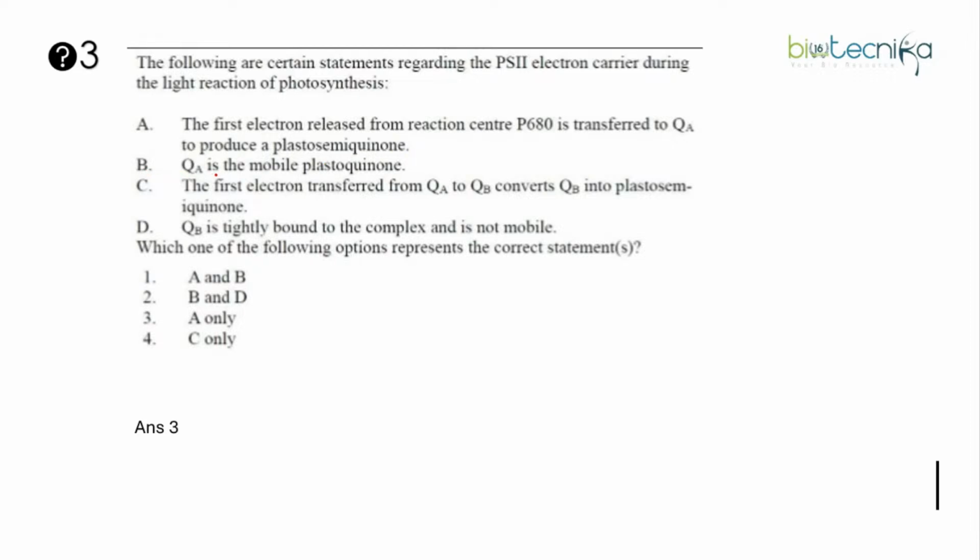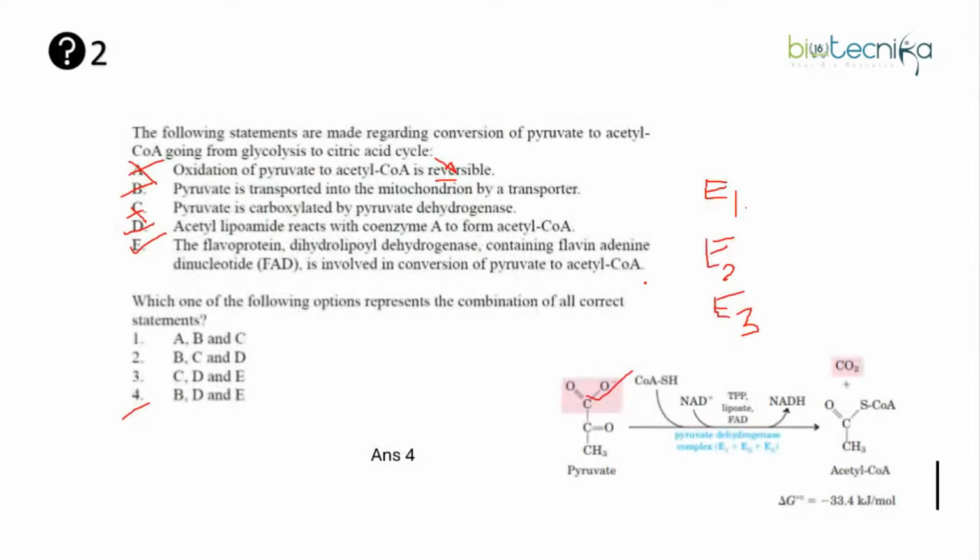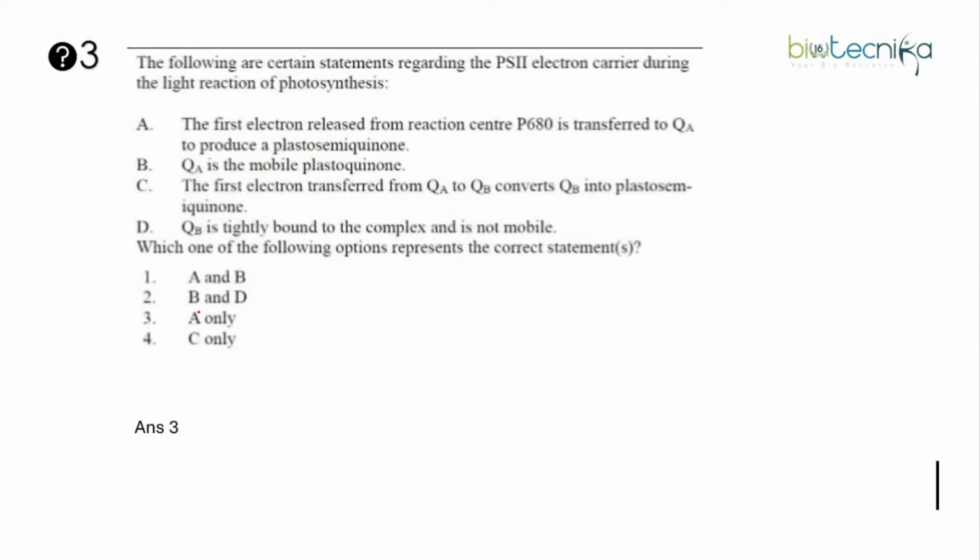Statement B, QA is a mobile plastoquinone. C, the first electron transferred from QA to QB converts QB into plastosemiquinone. And D is saying QB is tightly bound to the complex and it is not mobile. So, which one of the following options represent the correct statements? So, the answer is option 3.